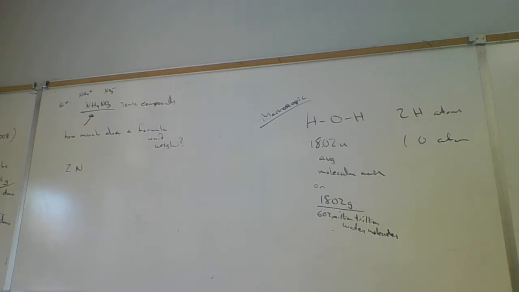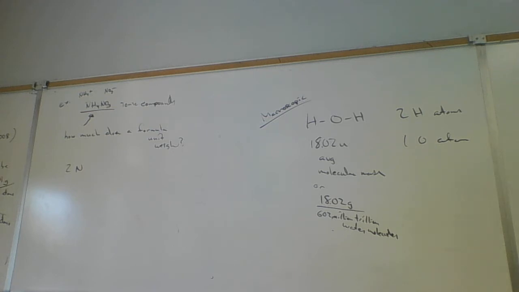And then nitrogen, 14.01. Then oxygen, 16.00. And so these are the big ones here: hydrogen, carbon, nitrogen, and oxygen. Those ones we'd like to know or try to memorize.